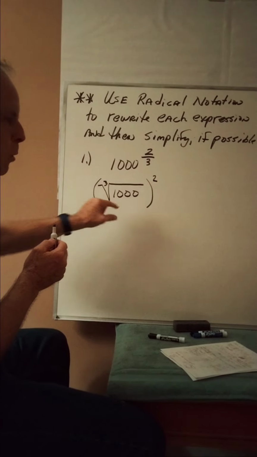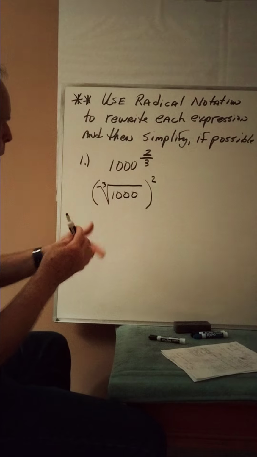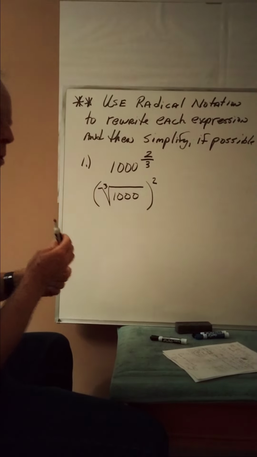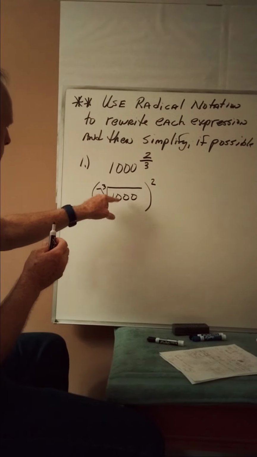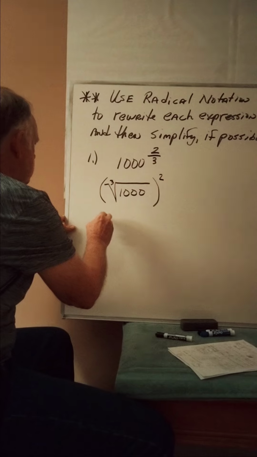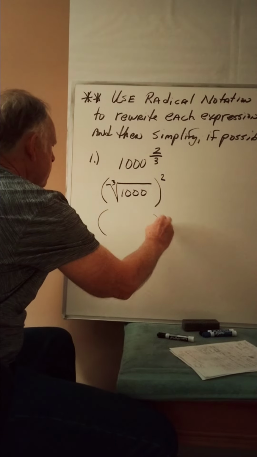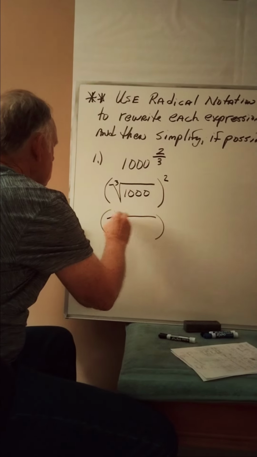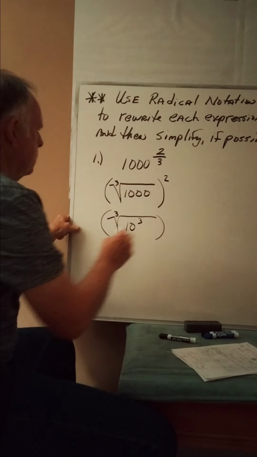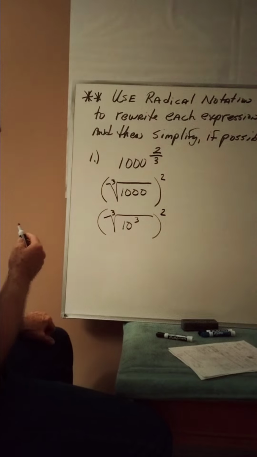Because 1,000 is a power of 10. And because there are 3 zeros in this power of 10, this can be written as such if we need to. The cube root of 10 cubed, and then that answer to the second.